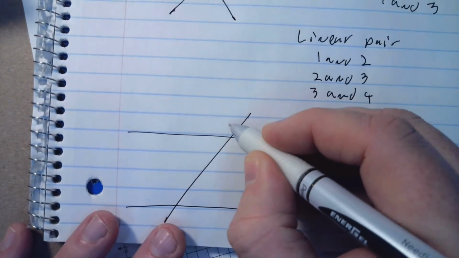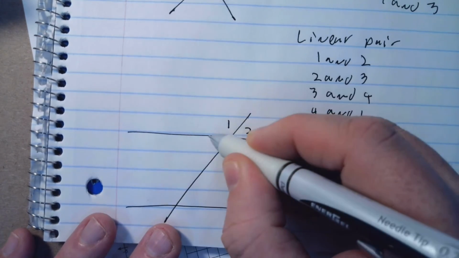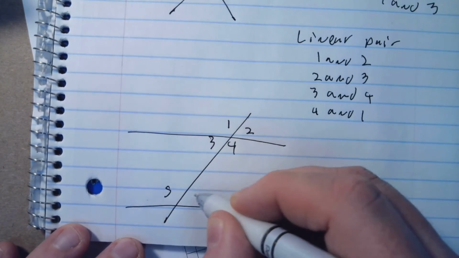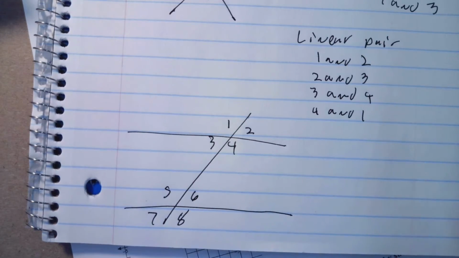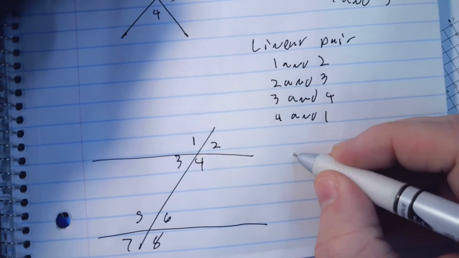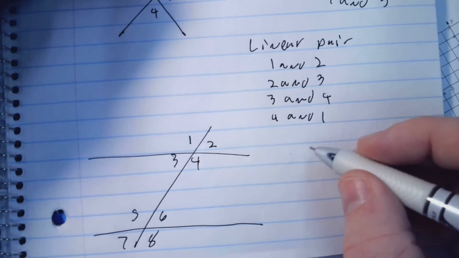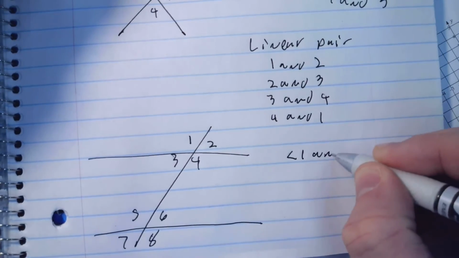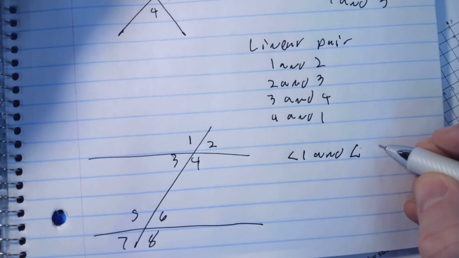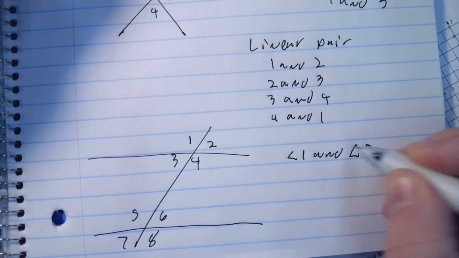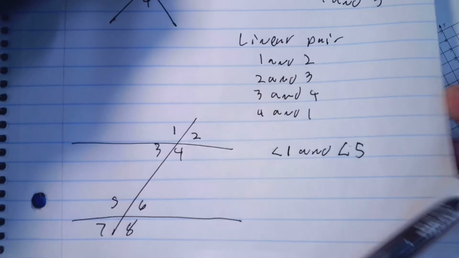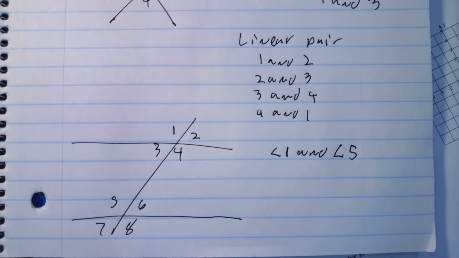All right, we're going to call this 1, 2, 3, 4, 5, 6, 7, and 8. So just go ahead, don't say it out loud. I'm going to write two angles and you write the vocabulary for them in your little notes. So angle 1 and angle 5, write down what that vocabulary is.